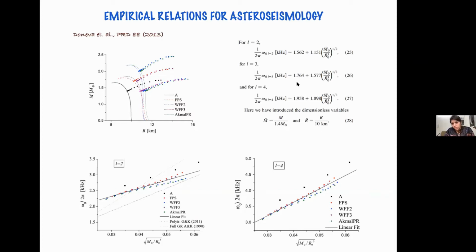She proposed fit relations for higher order modes, L equal to 3, L equal to 4 modes. And again, if you can see the dashed lines in this figure, the fit proposed is different from those of the polytropic Kokkotas paper and that of Andersson and Kokkotas.